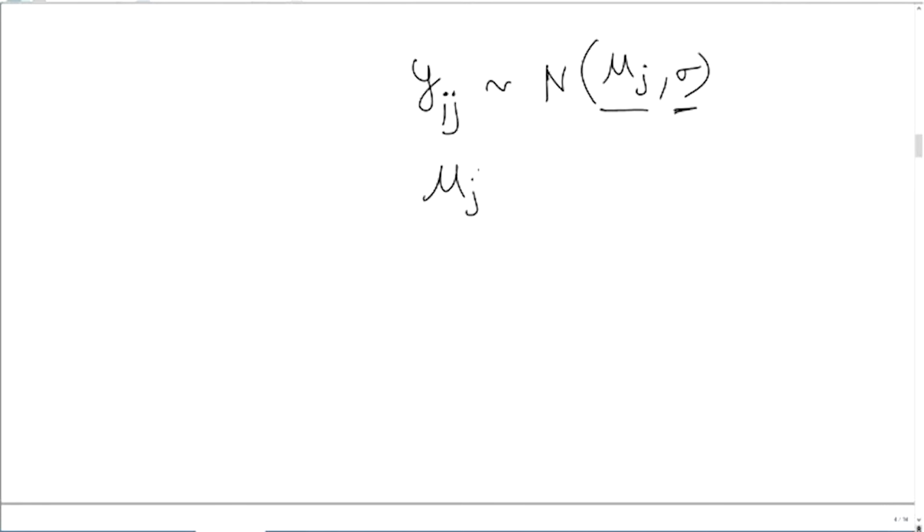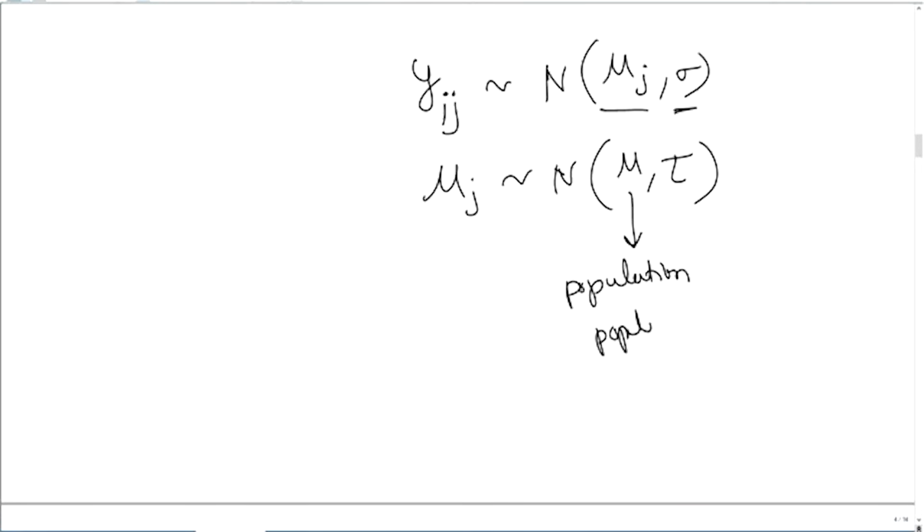school level mean marks, let's say, also comes from normal mu, tau, where this mu is actually average marks of whole student population. This is the same mu that we had in our previous models. So, average marks of whole student population.